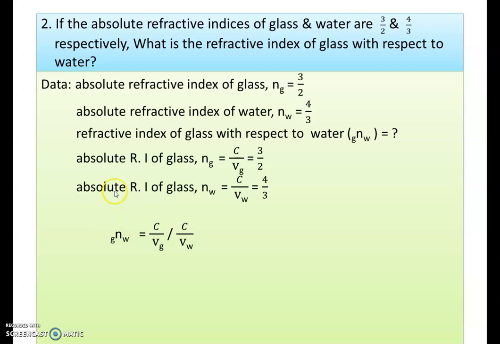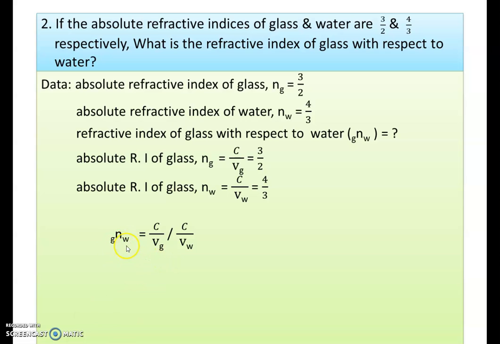Similarly, the refractive index of water is given by Nw, which is also c upon Vw, which is equal to 4/3. Now we have to find out the refractive index of glass with respect to water.